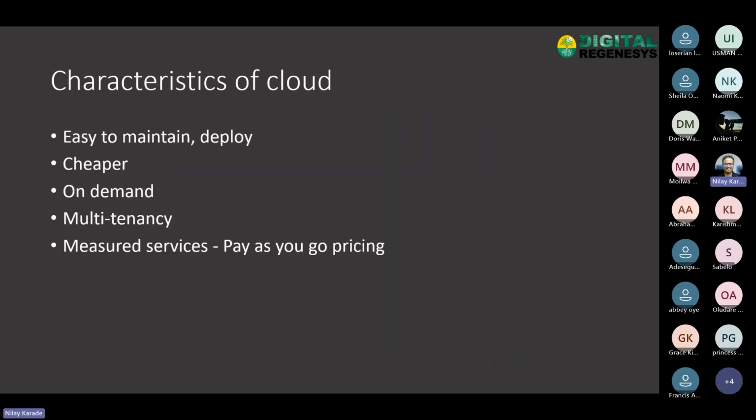As a result, this cloud technology has become very popular in recent decades because it is way cheaper. On demand, you can increase your service or decrease it as per your requirement.